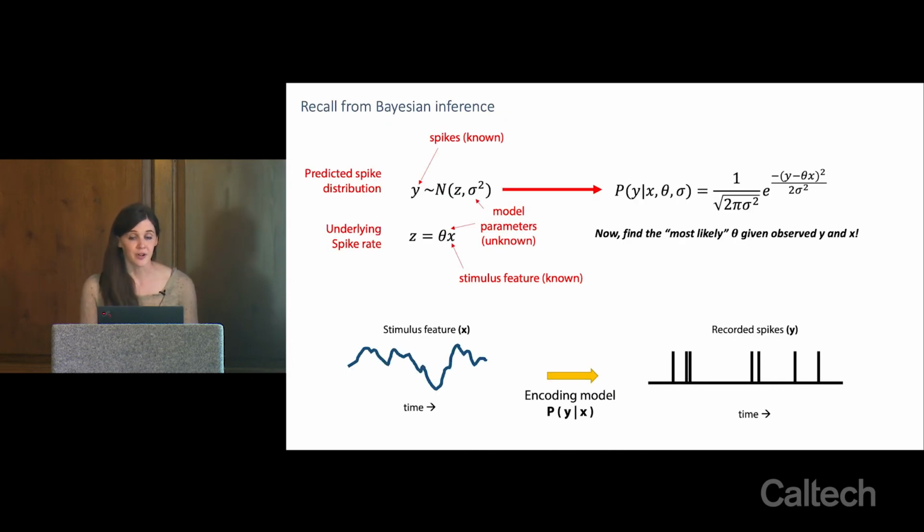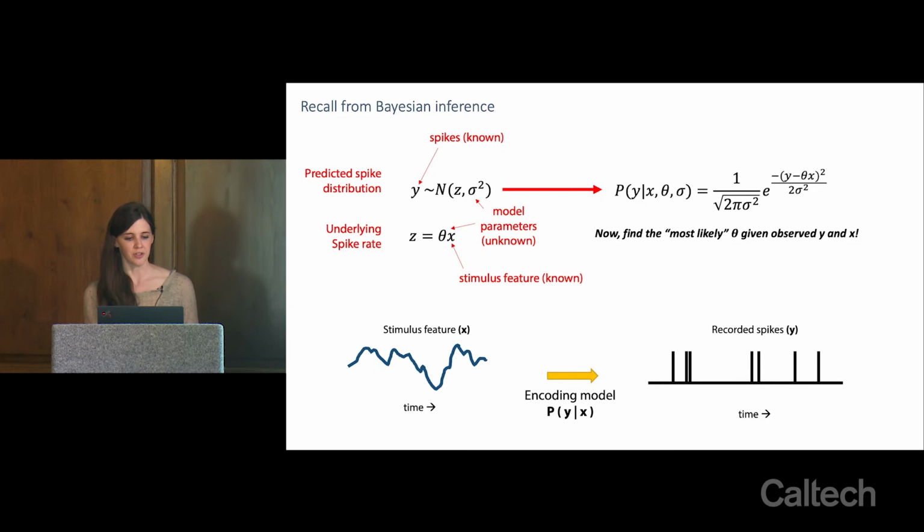So we talked about encoding yesterday in this idea of Bayesian inference and converting stimulus feature representations into spiking of neurons. And in the framework that we discussed yesterday, you had some known observation of spikes, and you had some model parameters that you fit, and you had some variable X, like a stimulus feature, that you were encoding into the firing rates of cells.